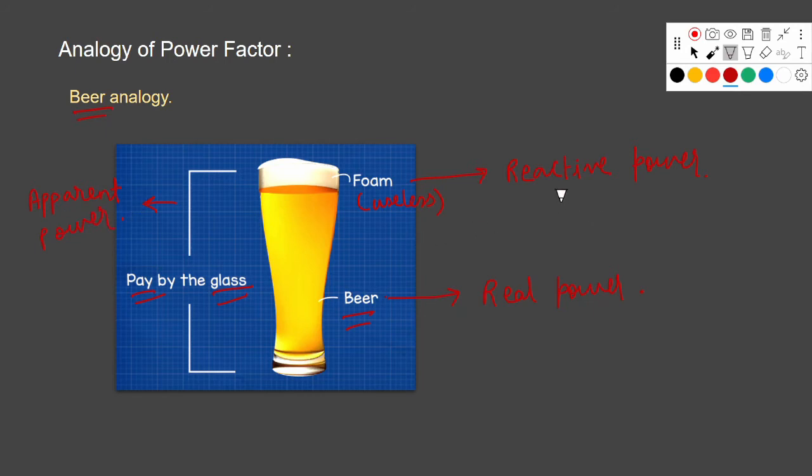Clear? We look at the units. Reactive power unit is var, volt ampere reactive. Real power's unit is watt as usual. And apparent power unit is volt ampere, VA. Fine.